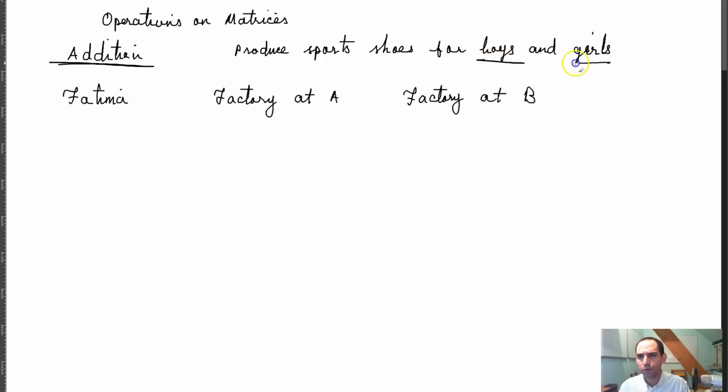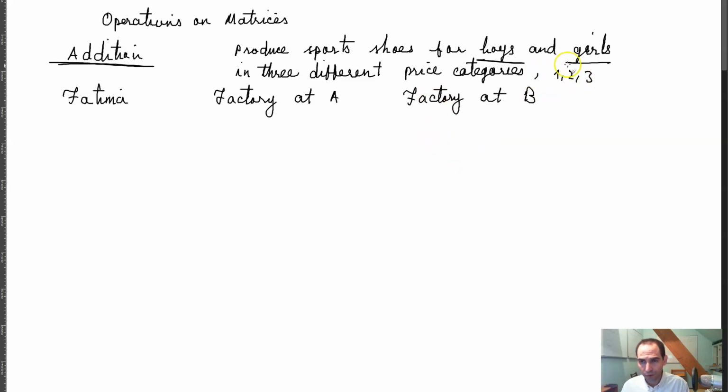So you have two types of shoes that each of these factories produce in three different price categories, labeled as 1, 2, and 3.